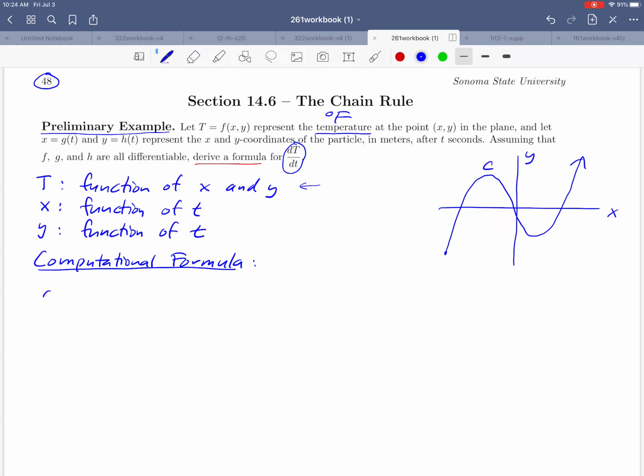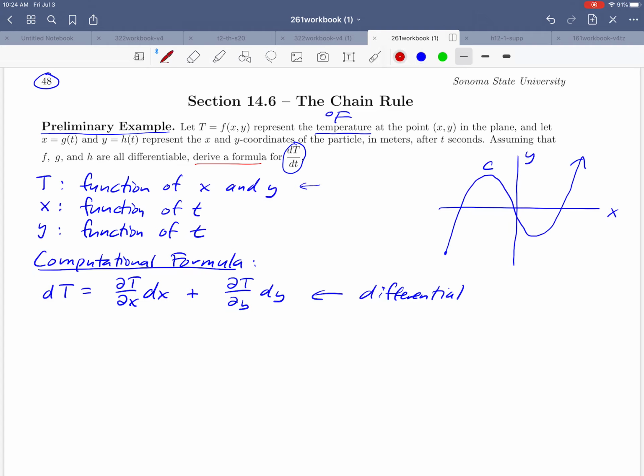Okay, and we're going to start with a formula from section 14.3 that looks like this. dT is partial T partial x dx plus partial T partial y dy. This is the formula for what's known as the differential, and it's a way of just estimating the approximate change in temperature. That's the dT, d big T, that you see on the left-hand side of the equation.